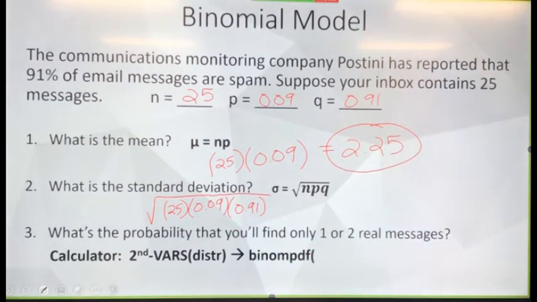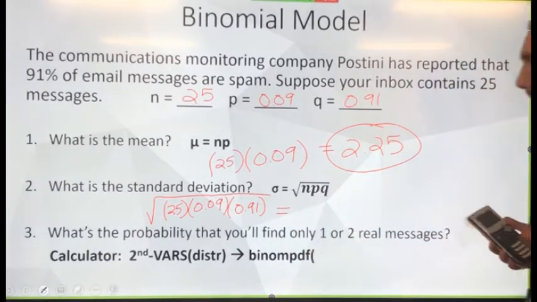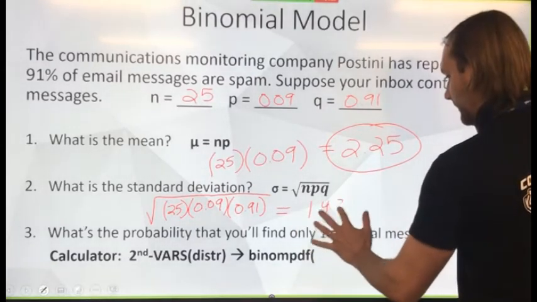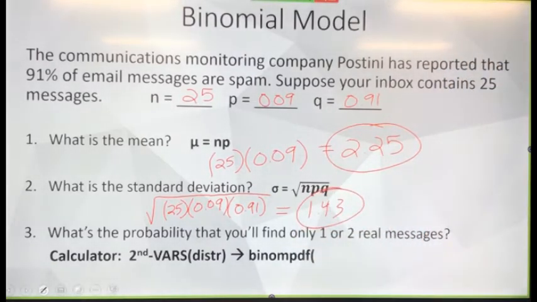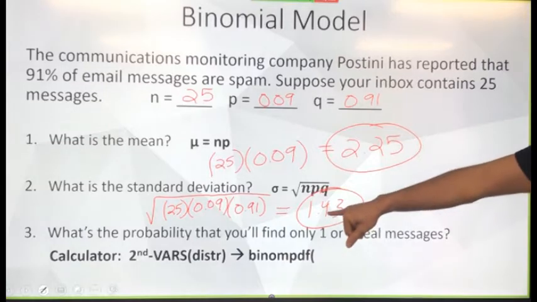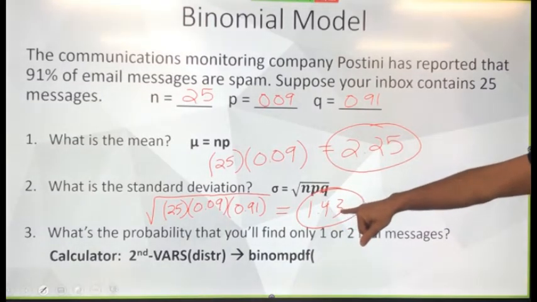Multiply those 3 together, take the square root, and what did y'all get? 1.43? Yep. Okay. So what does this tell me? I have an inbox of 25 messages. About 2 of those are going to be real messages, give or take 1 or 2.